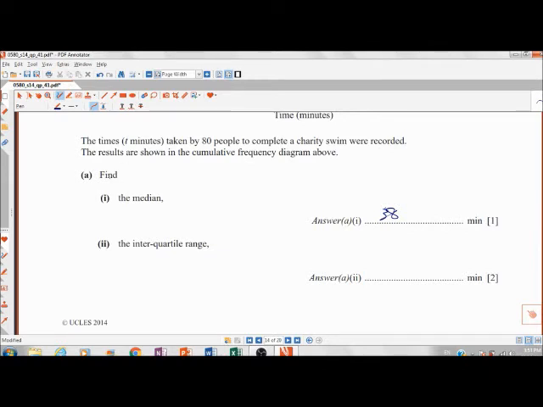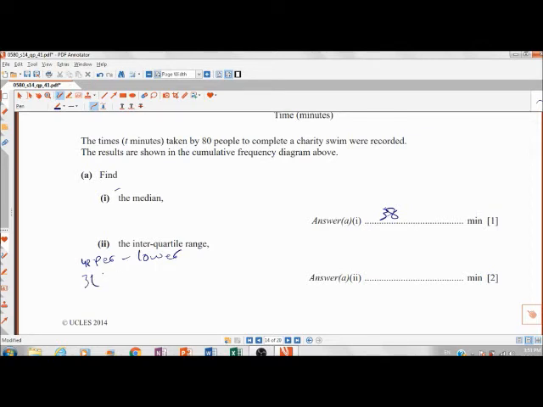The interquartile range is basically the upper quartile minus the lower quartile. So for the upper, you can use the formula 3 over 4 of the time.